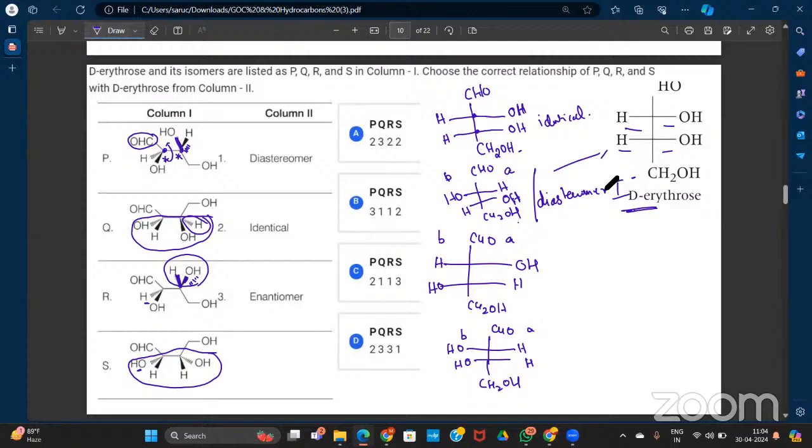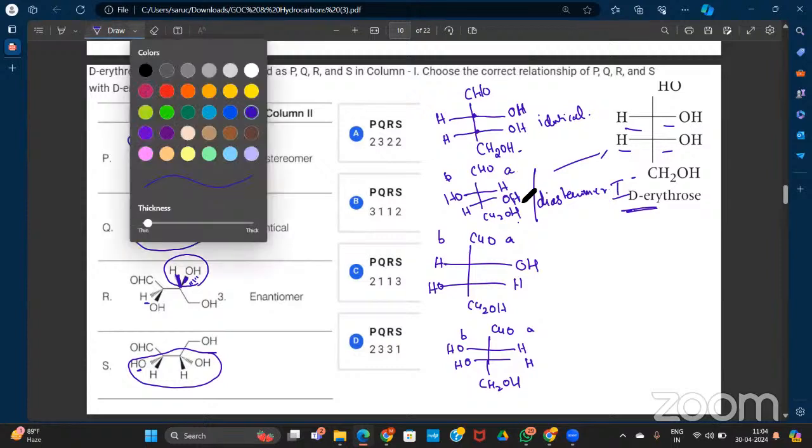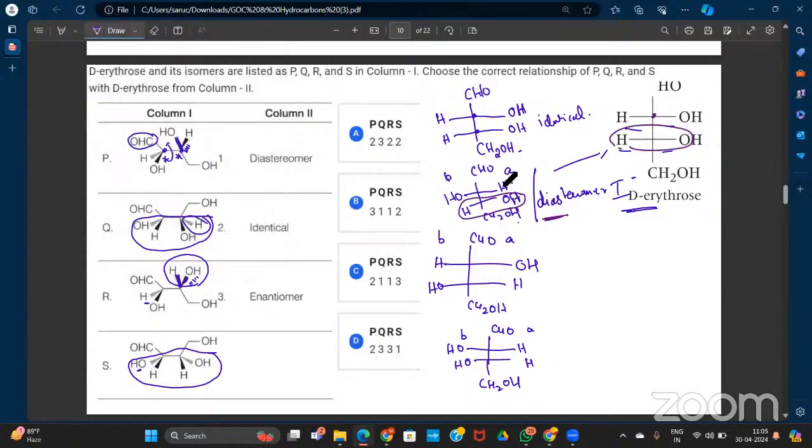So we know that they are diastereomers. Now compare B and D-erythrose. Look at the configuration, or see whether they form a mirror image. Are they enantiomers or diastereomers?